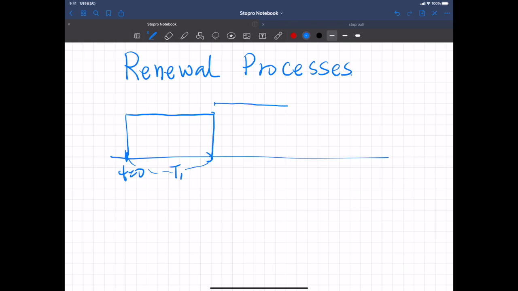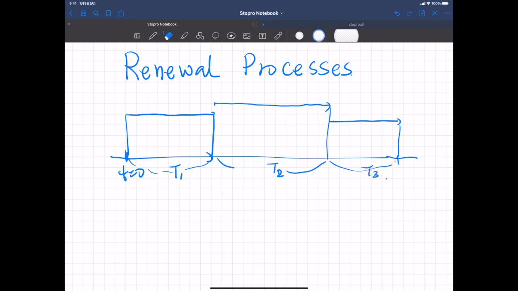That will last for some time and eventually it fails. This duration of time is called T2. Then we replace it with another component and it might break soon, and so on. So a basic question is, in a given time, how many renewals do we need, based on some statistical properties of these components?